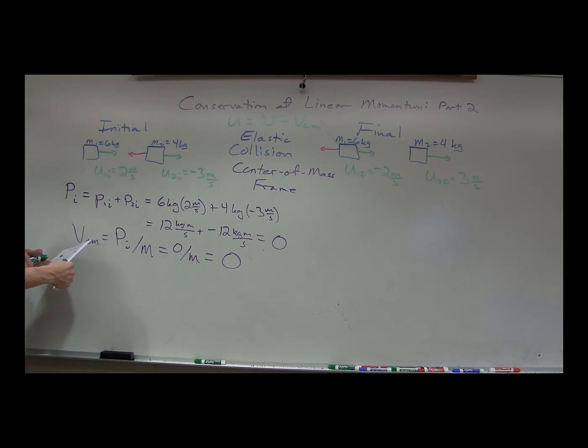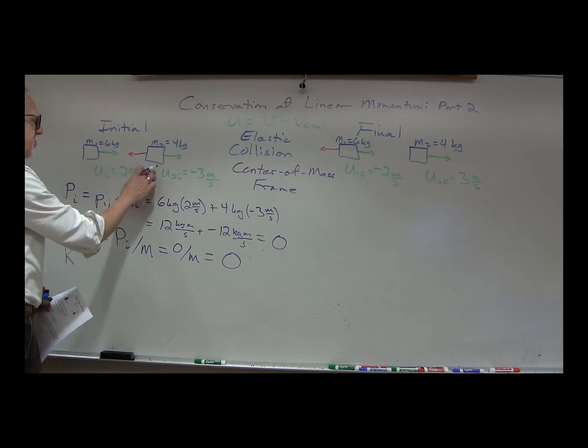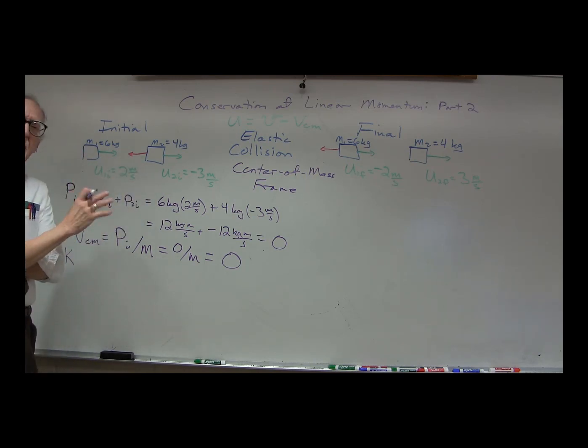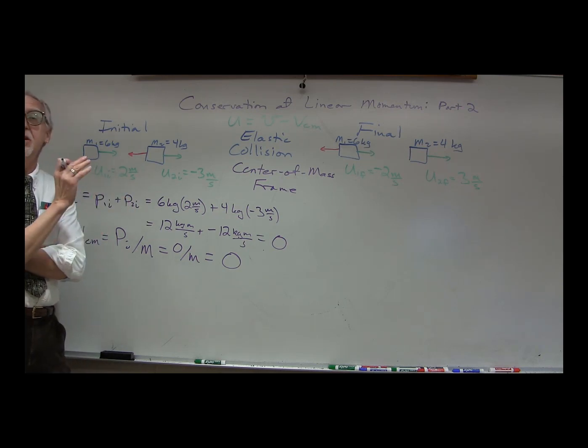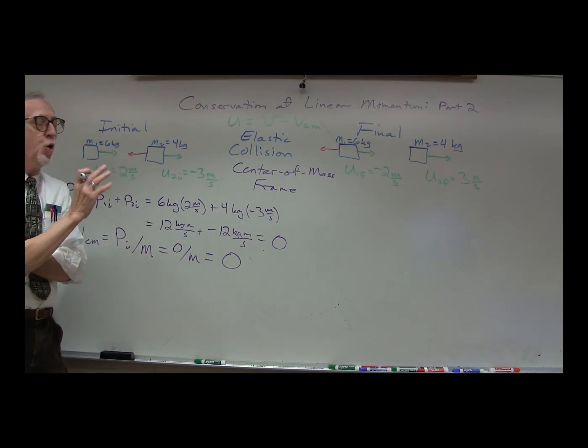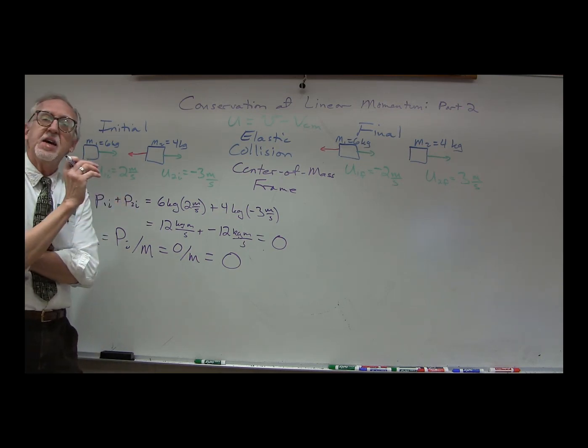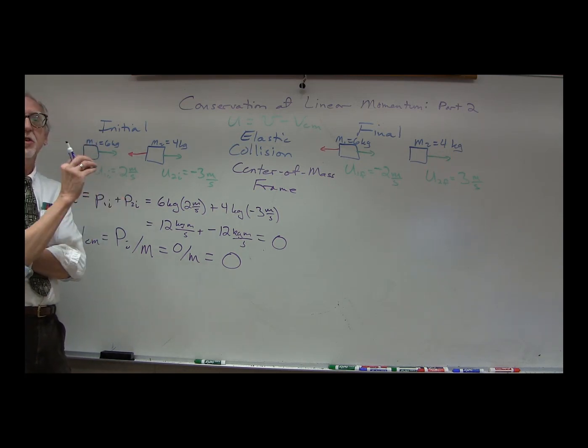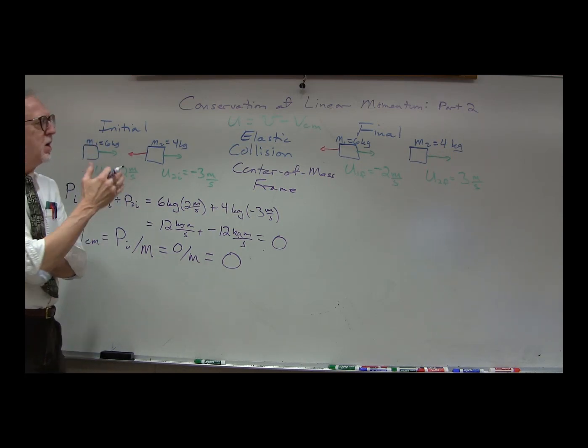Let's look at the kinetic energy. Now, what kinetic energy is this that we would look at? The kinetic energy of the sum of these two. We're looking at the kinetic energy in the center of mass frame, which is essentially the kinetic energy relative to the center of mass.